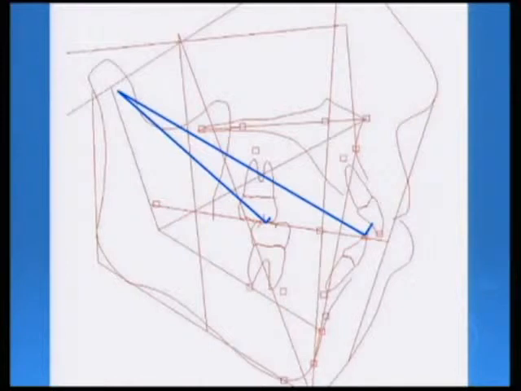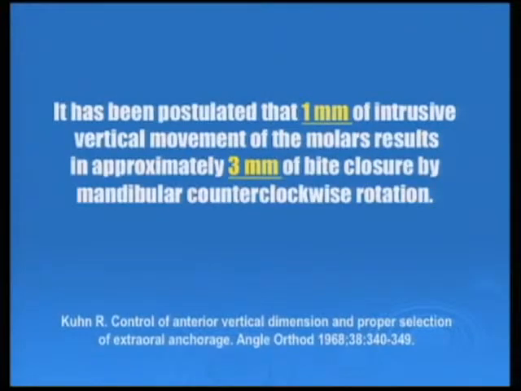Then how much does the anterior open bite close when the molars are intruded by 1 millimeter? According to Dr. Kuhn's classic paper, 3 millimeters of anterior open bite will be closed by mandibular counterclockwise rotation, resulting from 1 millimeter of molar intrusion.